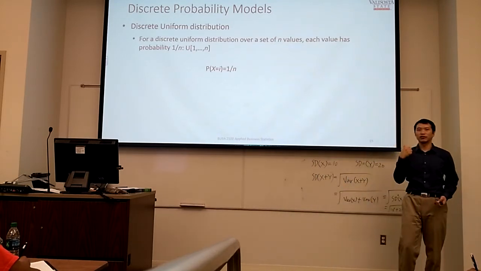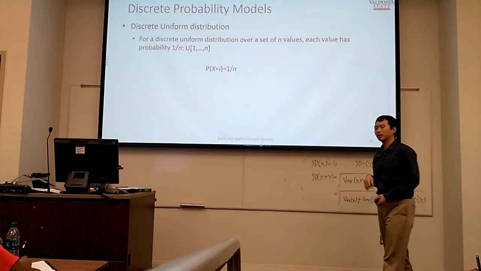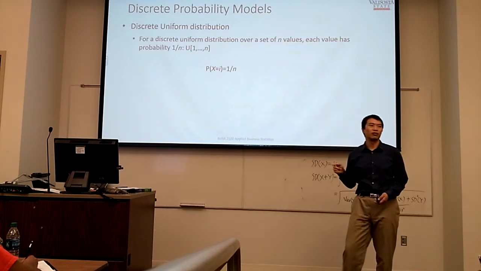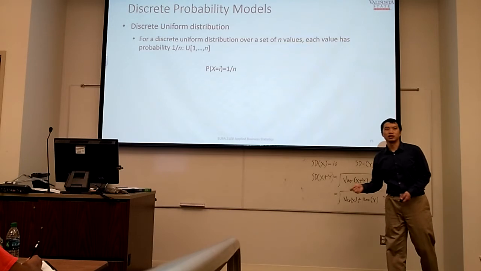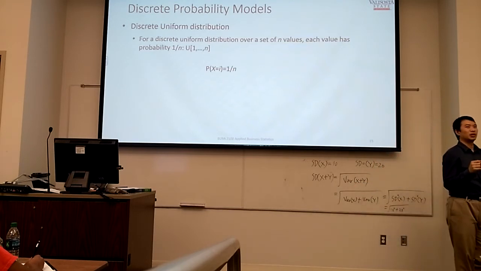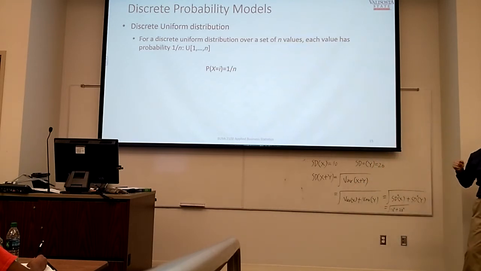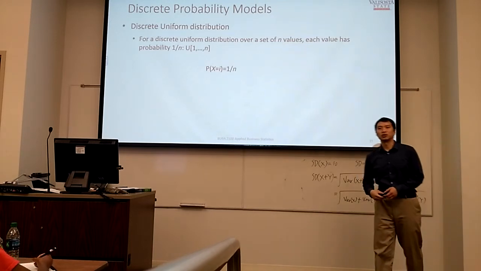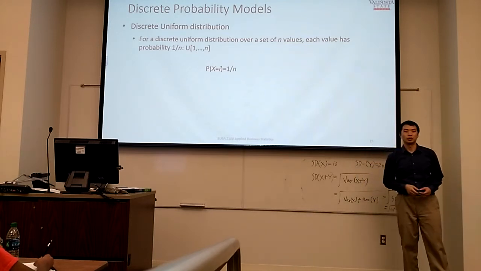Just like rolling a die, we have 6 outcomes: 1, 2, 3, 4, 5, 6. And each value has the probability of 1 over 6. So that is the discrete uniform distribution.